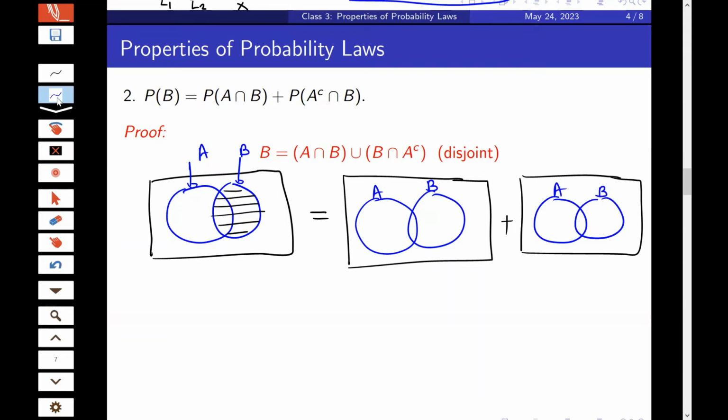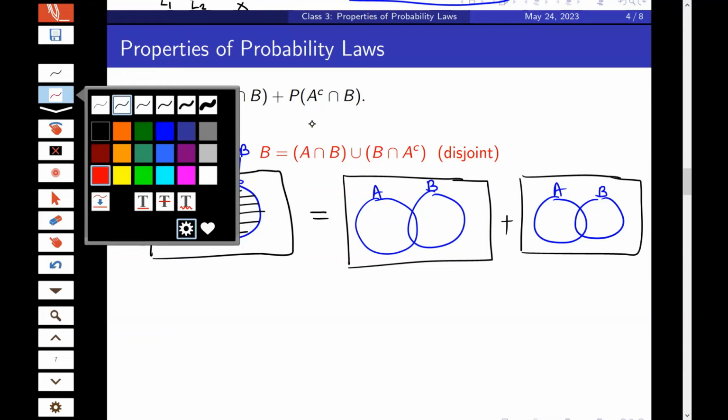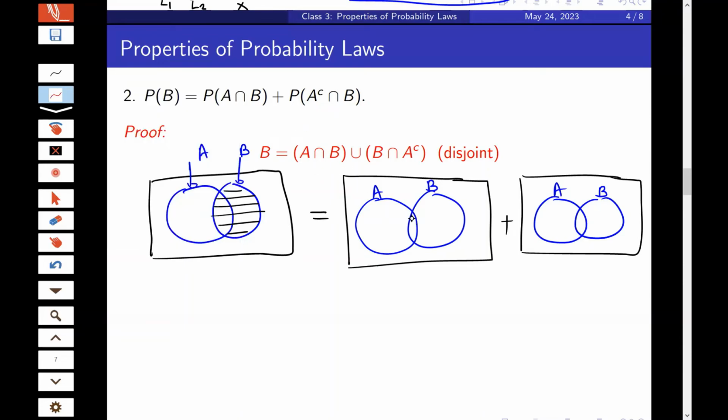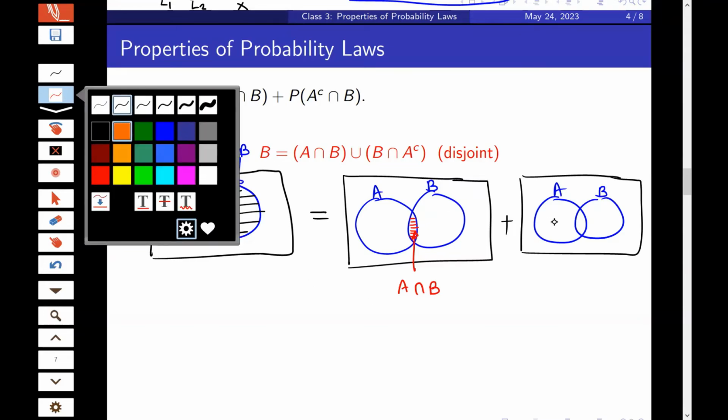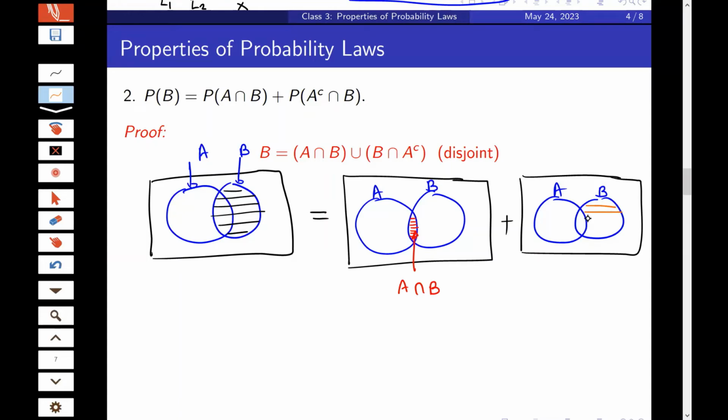Now I'm going to denote A intersection B, which is this part. This is the A intersection B. And I'm going to denote B intersection A complement, B intersected with A complement. That means only this area.